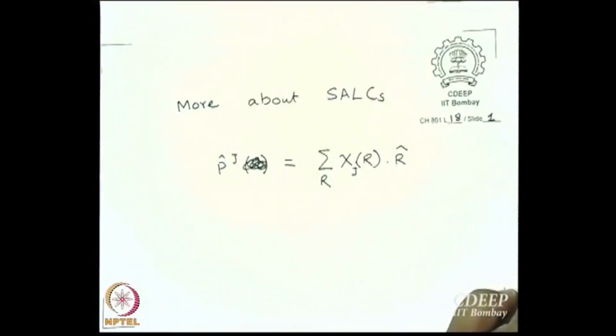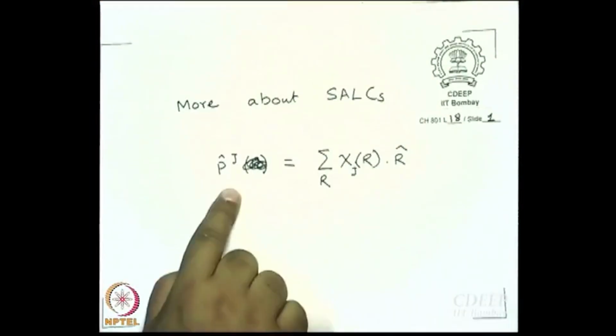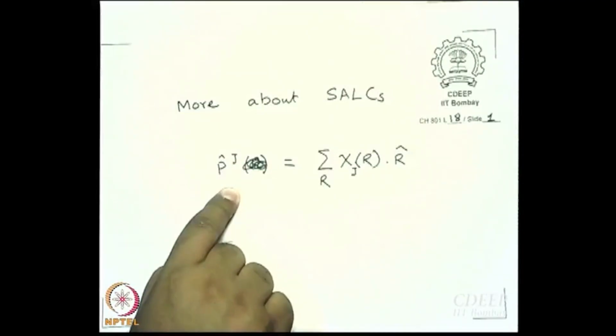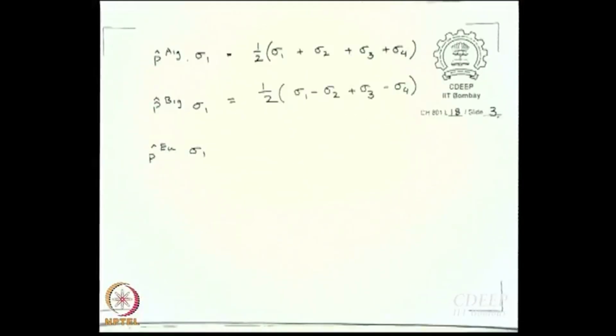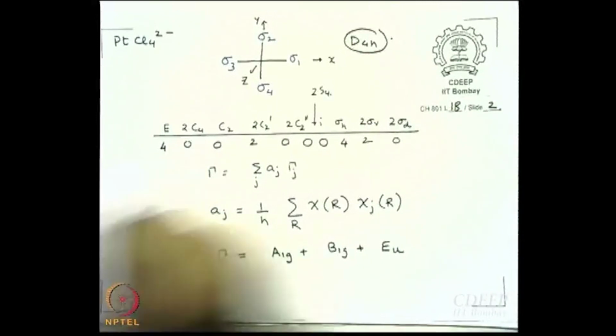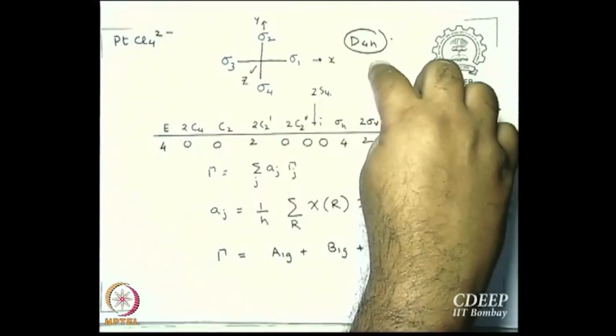So this is what we are discussing today, more about SALCs. I hope you have not forgotten what the projection operators are. Today we will ensure that we get bored of projection operators, operating them so many times. The system we are working on is PtCl4 2 minus, which is of D4H point group.